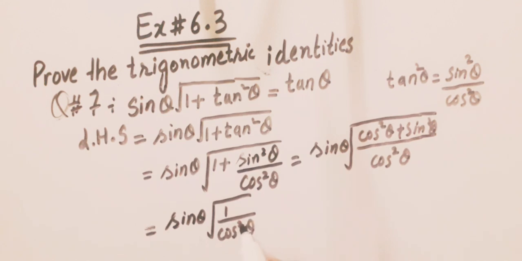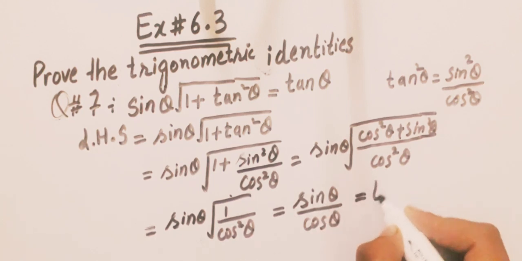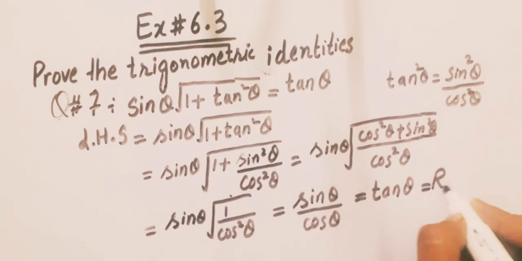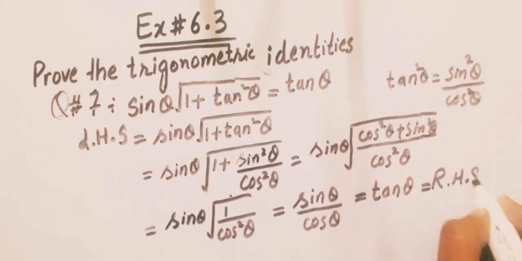So, this square will be cancelled by this square root and we have sin theta by cos of theta. So, sin theta by cos of theta we know that is equal to tan of theta, which is equal to right hand side. So, we have proved left hand side is equal to right hand side.